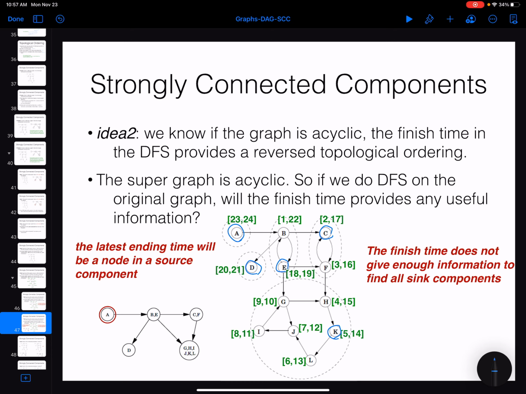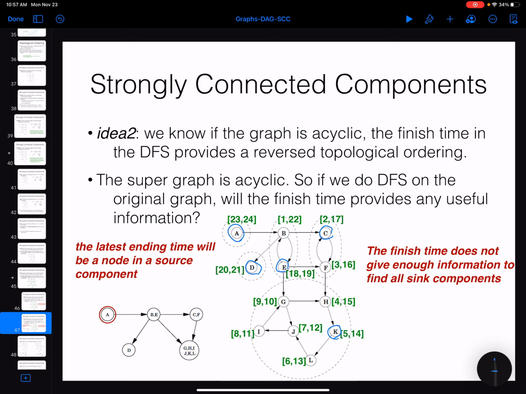So I can extract some information about the supernode, but I can't extract any precise information about the sink nodes. Here, I can prove this. Simply, the proof is going to be based on the proof that we did for the topological ordering.